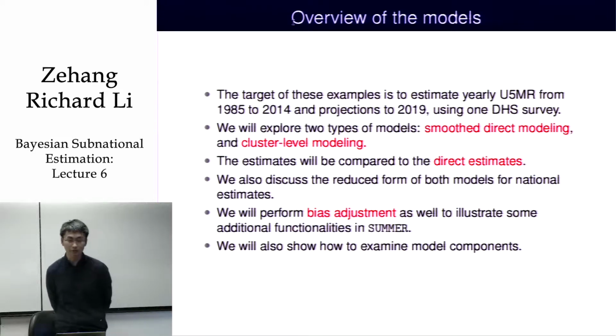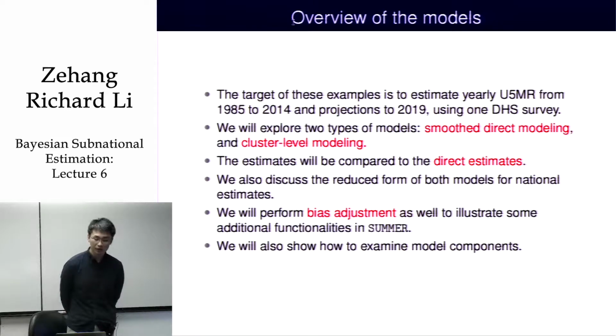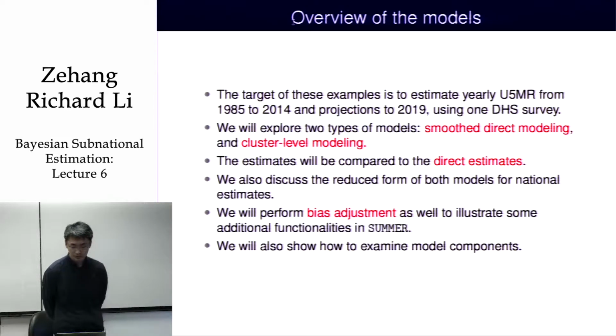We basically remove the spatial parts of the modeling framework and then fit both models to get the national estimates, and then we will also discuss how we can potentially perform bias adjustments. Assuming you have some information about how the estimated U5MR are biased, we'll discuss how we actually implement those in code to perform the adjustments.